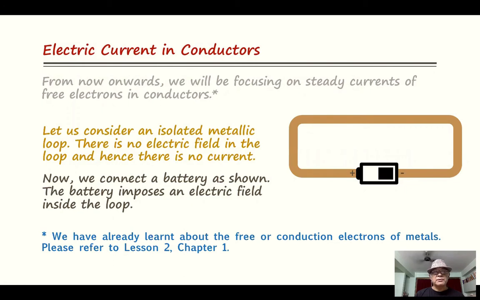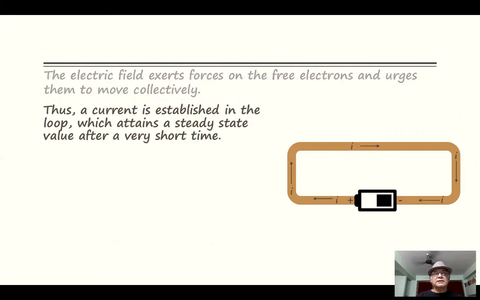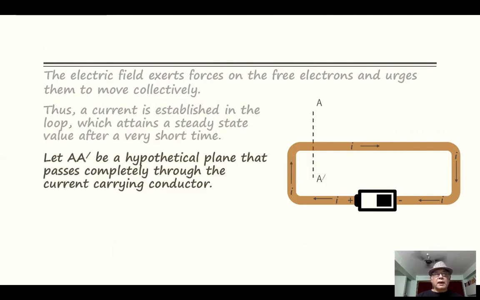The battery imposes an electric field inside the loop. The electric field exerts forces on the free electrons and urges them to move collectively. Thus, a current is established in the loop, which attains a steady state value after a very short time. Let A dash be a hypothetical plane that passes completely through the current carrying conductor.